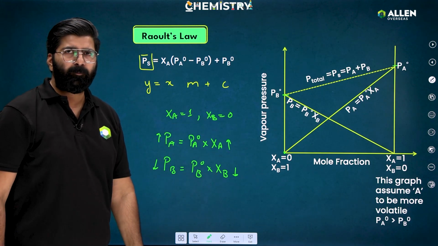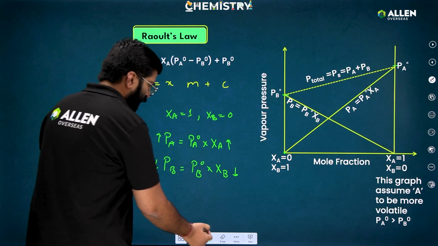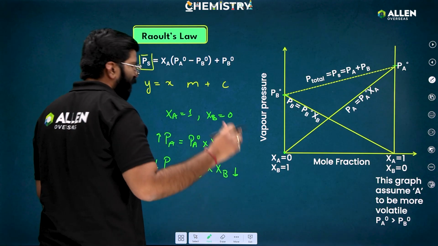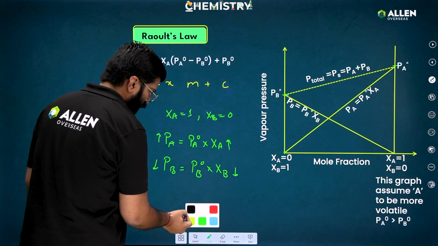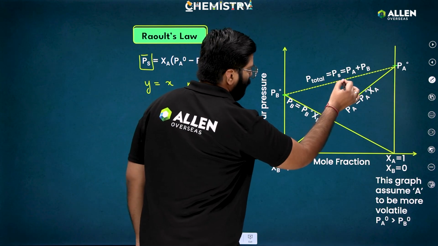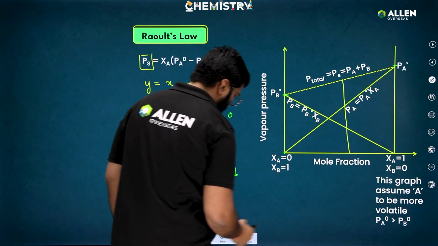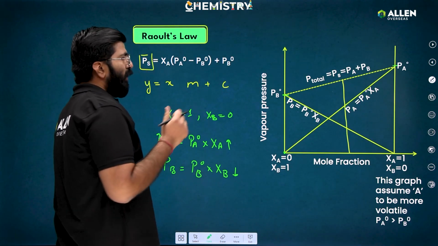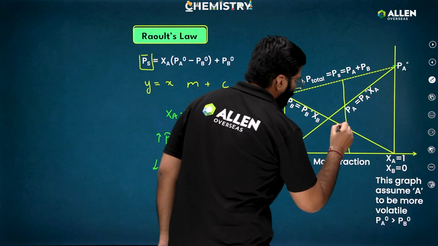Once we know this part, what's the use of this? Over here, we are given certain, let's say, over here I'm writing this. This part is there. What do I mean by this? Can you see? It is cutting over here.